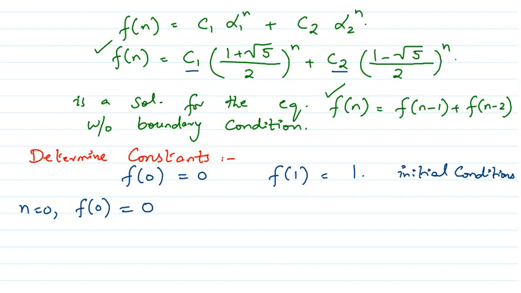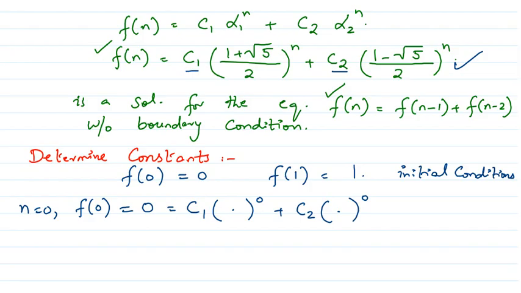So plugging it in this formula, on the right hand side this is going to give me C1 times (1 plus under root 5 by 2) raised to the power 0 plus C2 times (1 minus under root 5 by 2) raised to the power 0.